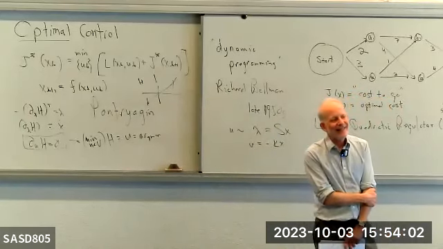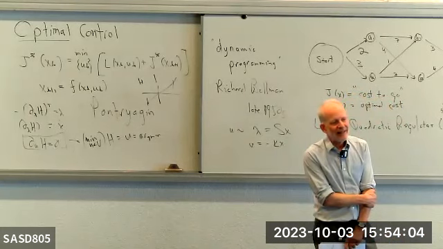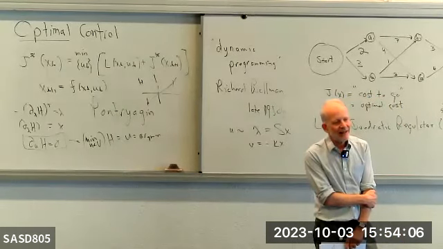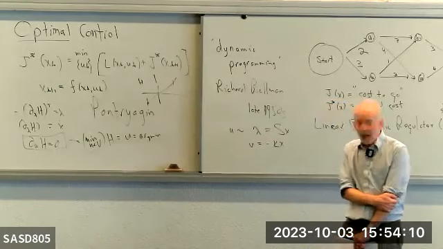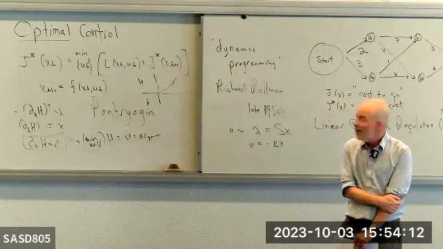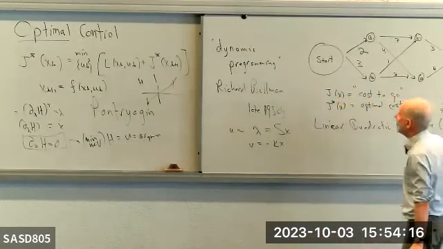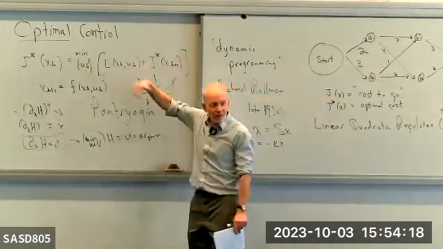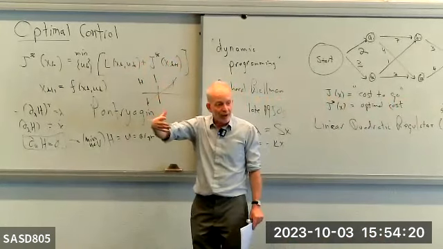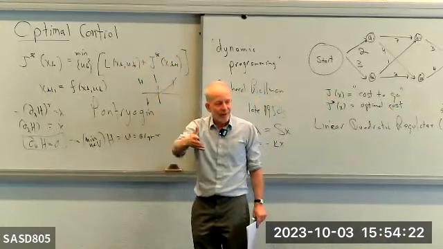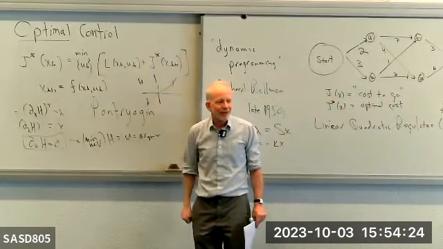We can maybe find a partial differential equation for the J star, similar to the Hamilton-Jacobi equation or something like that. So this equation here can be generalized to a partial differential equation. Yeah, this is the Hamilton-Jacobi-Bellman equation, it's called.